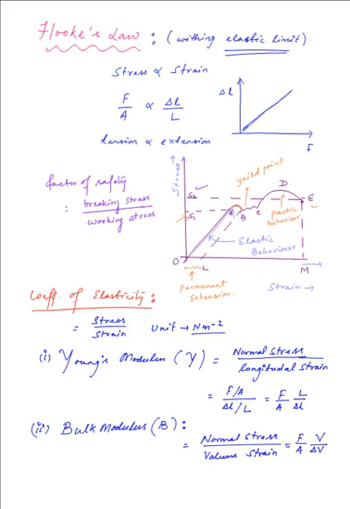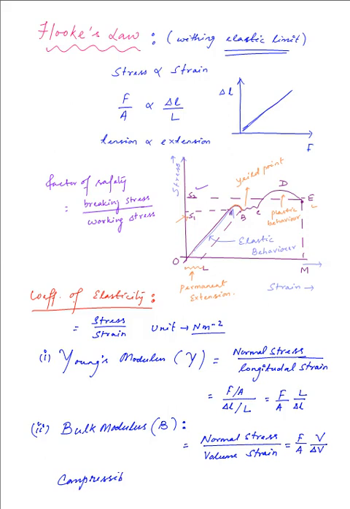Now force per unit area, as you know, is pressure. So that is pressure into volume divided by the change in volume. That is the energy per unit volume, because pressure into volume gives us the energy term. Then we have another thing that is known as the compressibility, which is the reciprocal of the bulk modulus. The compressibility of any object is the other way around, because it is not being extended or increasing in volume, it is being compressed.